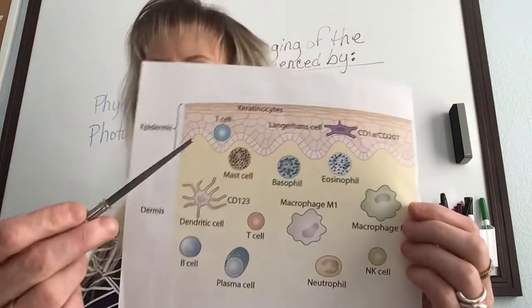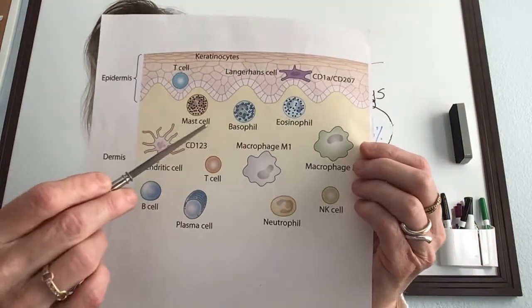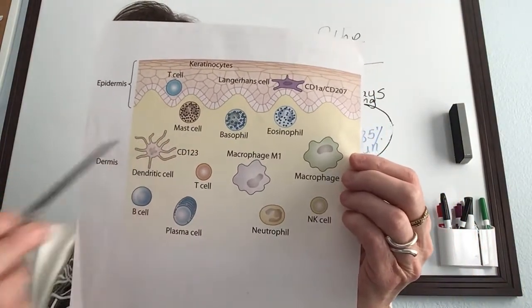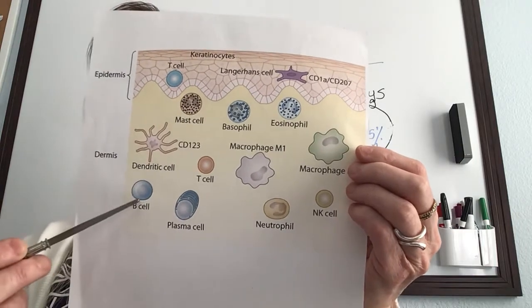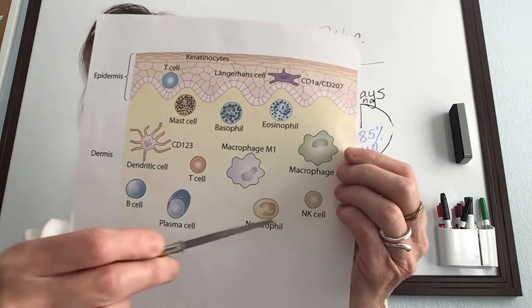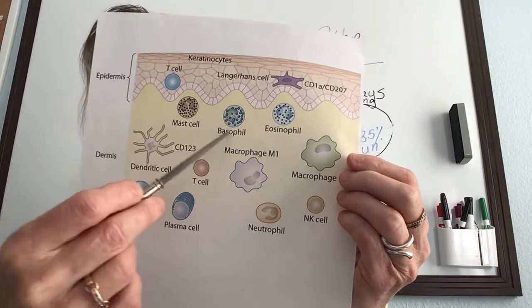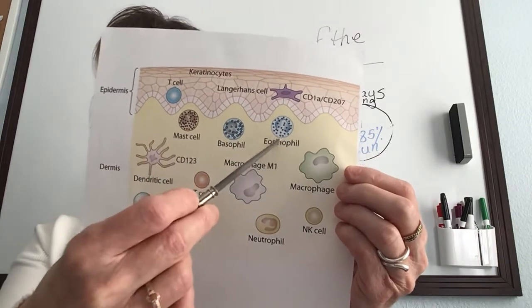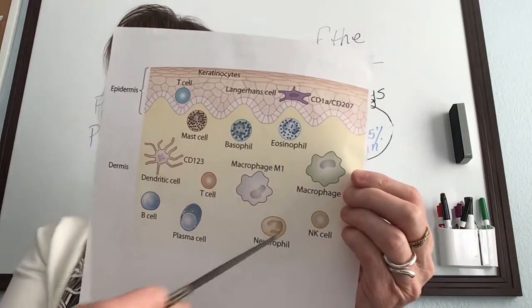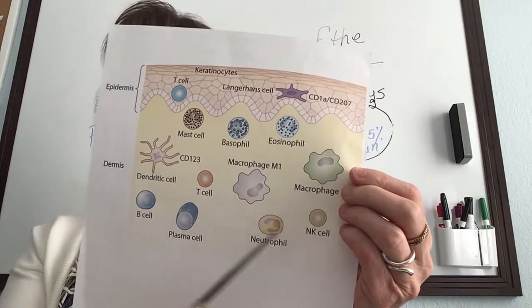So here you can see the T cell, you see the mast cells, they're a big player in inflammation. And then the B cells, the plasma cells, neutrophils, basophils, and eosinophils, and then macrophages, natural killer cells.